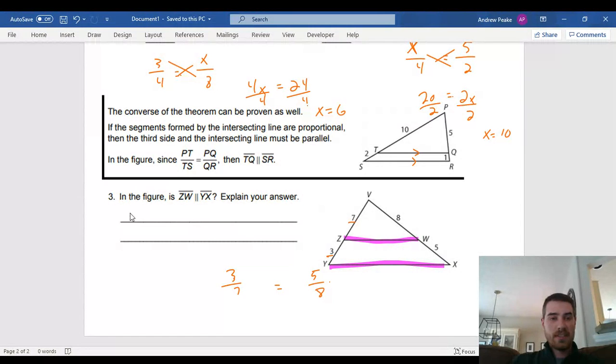So we'd say no, ZW is not parallel to YX because the ratios are not proportional. All right, and we'll stop there.